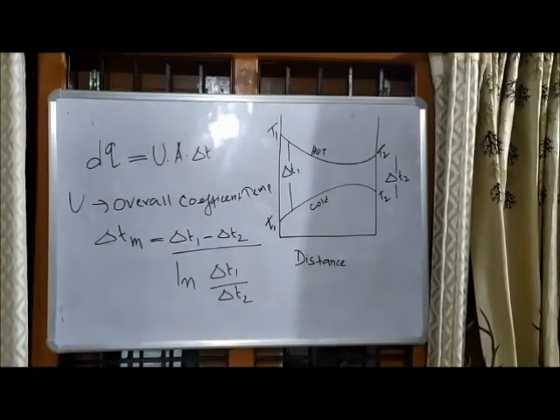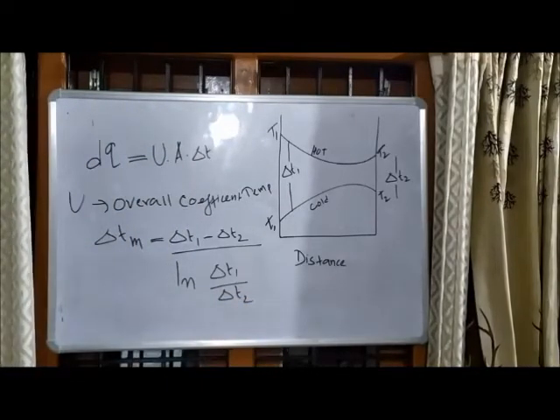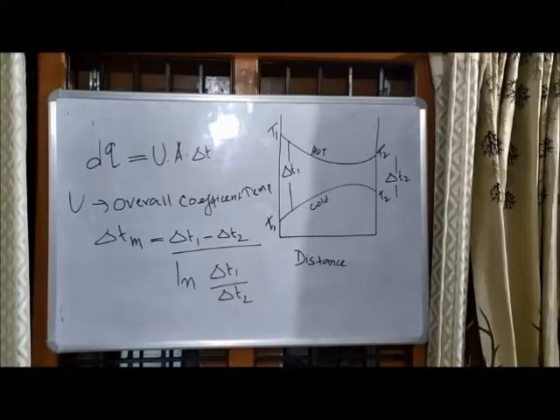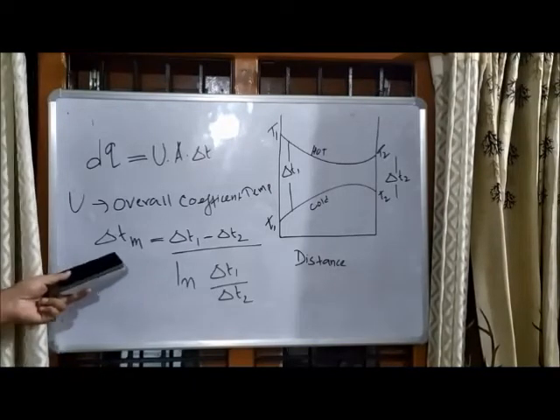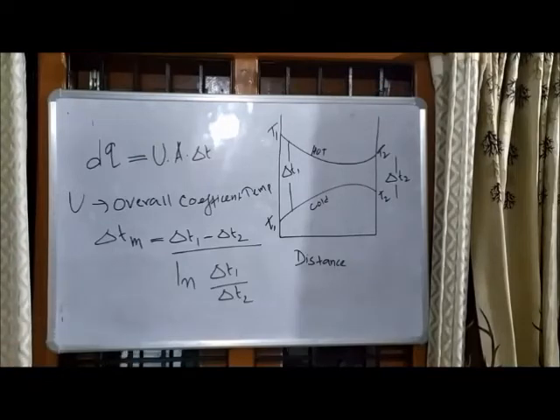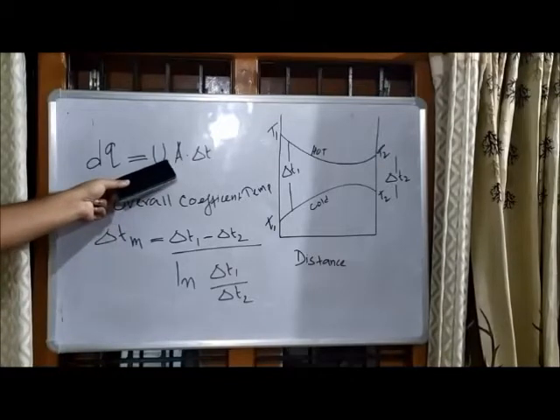So this is the overall derivation for explaining the transfer of heat, and the logarithmic mean temperature delta Tm can be used here. The total heating surface is capital A.